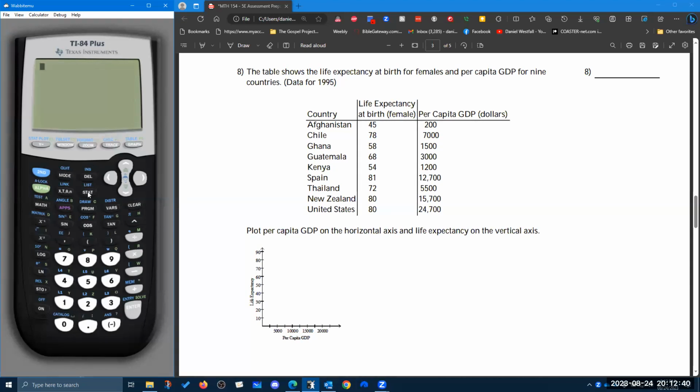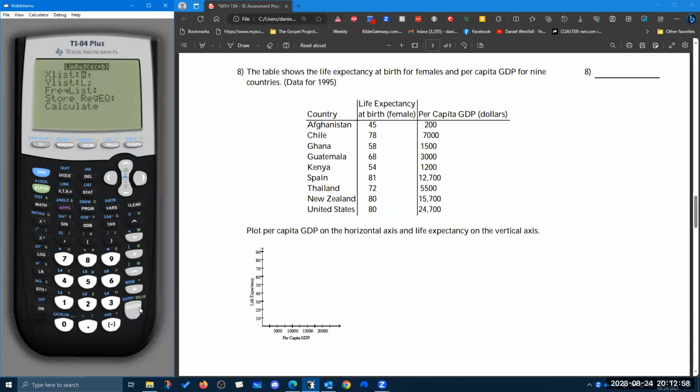So while this is not the only indicator, I would expect that this indicator would explain a lot of the change in life expectancy.